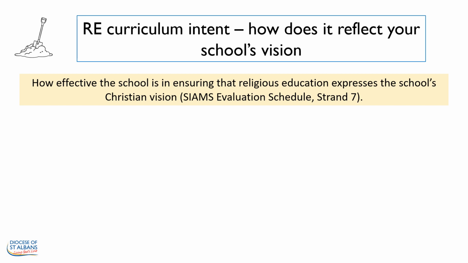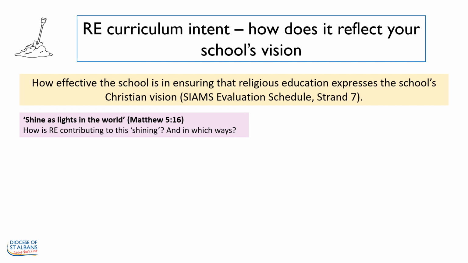Now there needs to be a little bit of a link between that, because otherwise they seem a little bit disjointed. So to give a few examples, I've taken and lifted a few Christian visions from schools and kind of posed some questions that I would ask of that school to see if that link there is really clear between the school's vision and their RE intent.